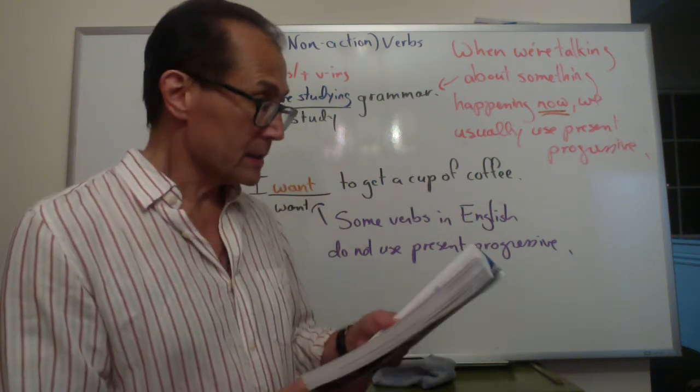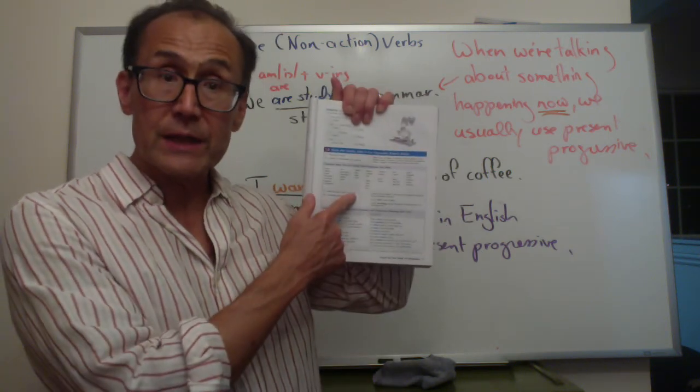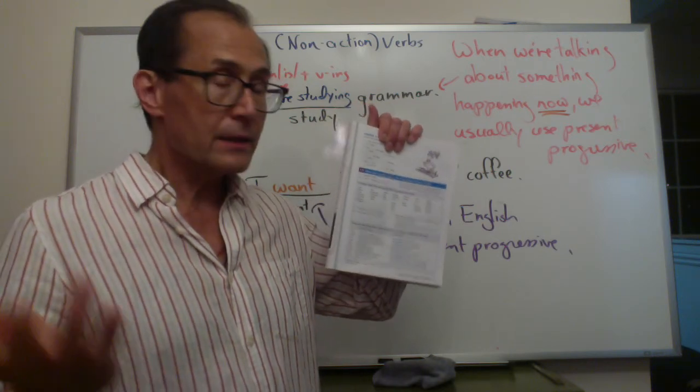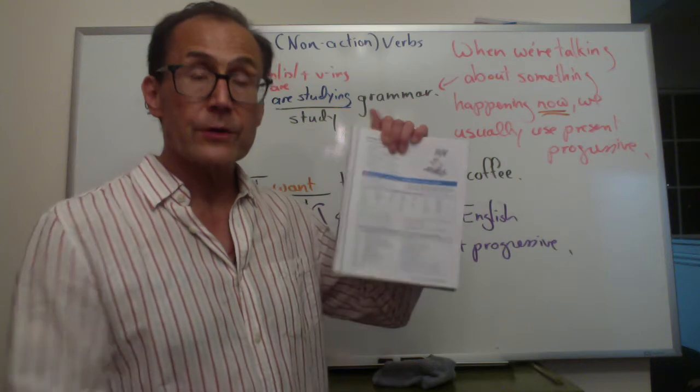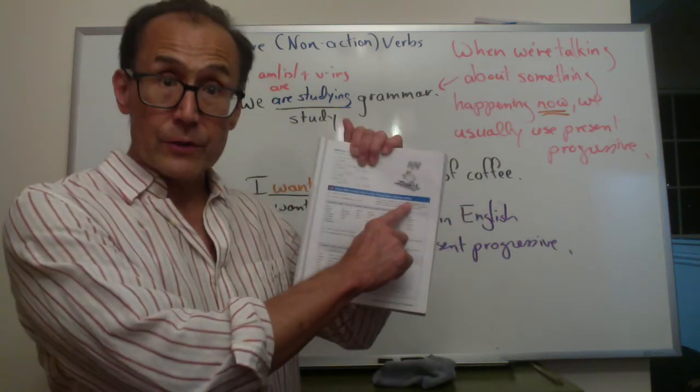Good news. There is a list. And you can find a pretty good list in this book on page 7. If you're using a different edition of an Azar book, then you can find it on a different page. But there will be a list of stative verbs.